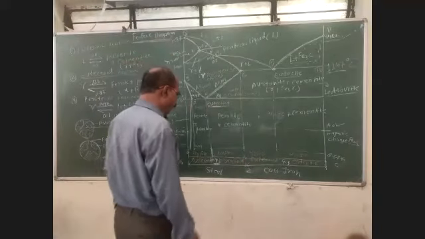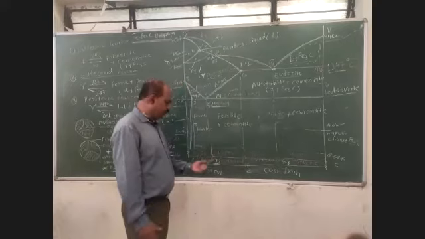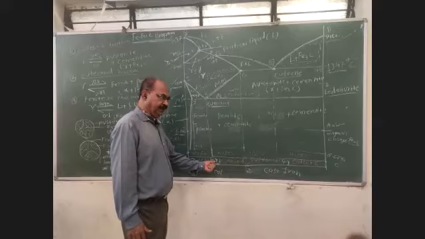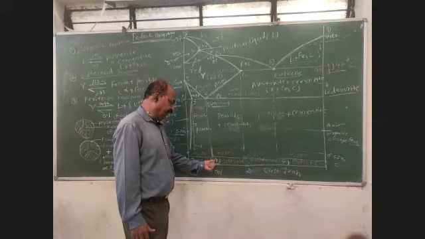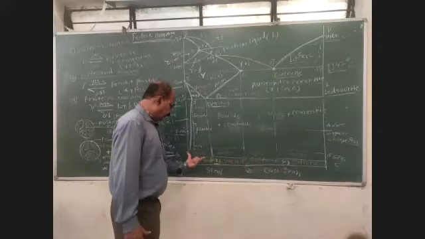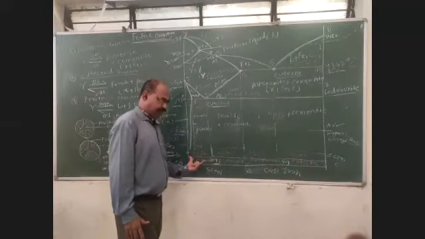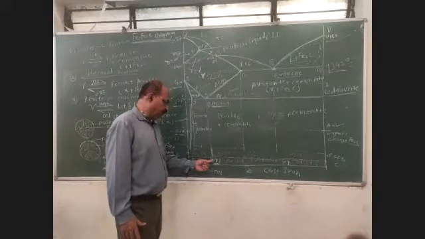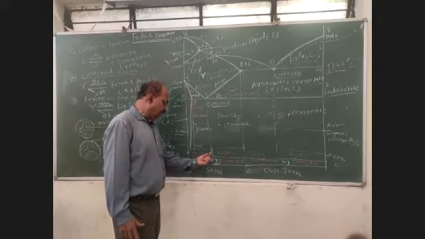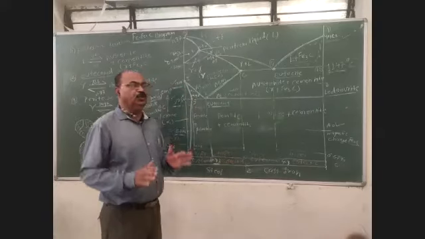After that, 0 to 2% carbon, again you have to divide it into 0 to 0.83 and 0.83 to 2. 0 to 0.83 is called hypoeutectoid, and 0.83 to 2% is called hypereutectoid.